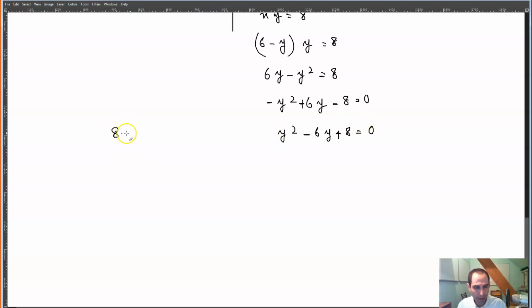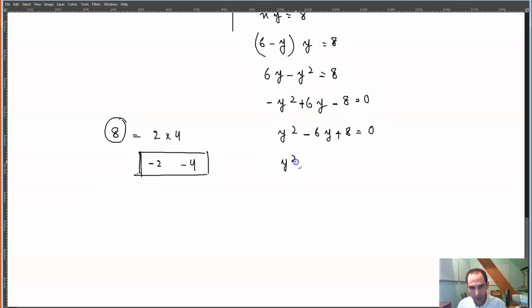Now if I write 8 as 2 times 4, then it seems that negative 2 and negative 4, if I add them together, I'll get a negative 6. And if I multiply these two together, I'll get a positive 8, which is what I started with.